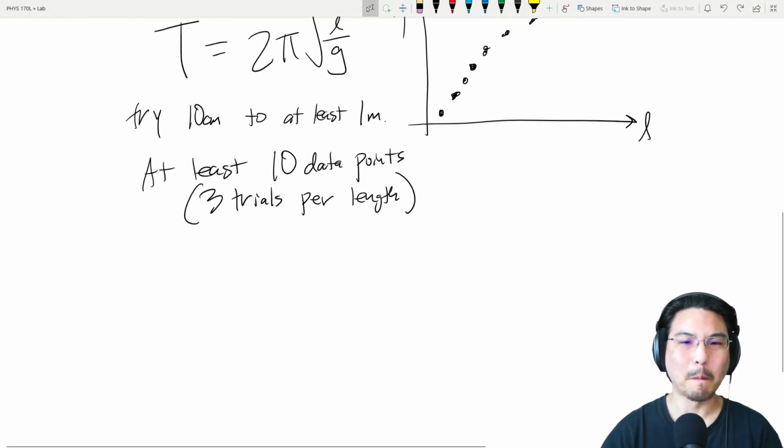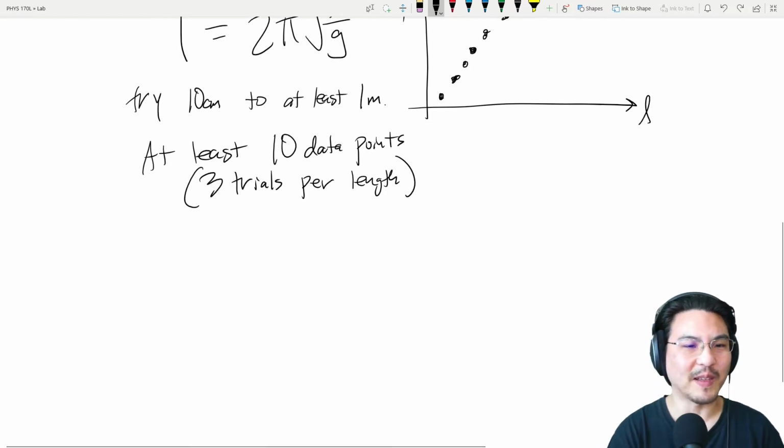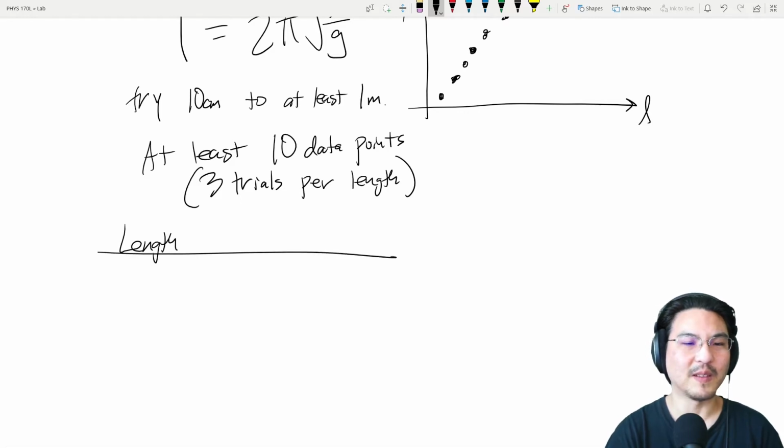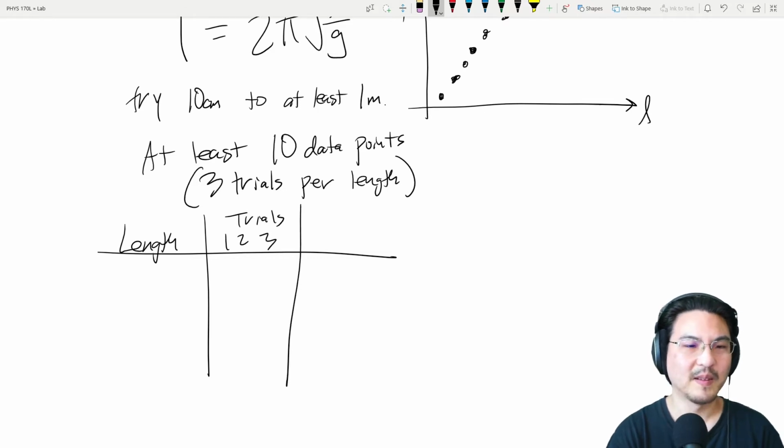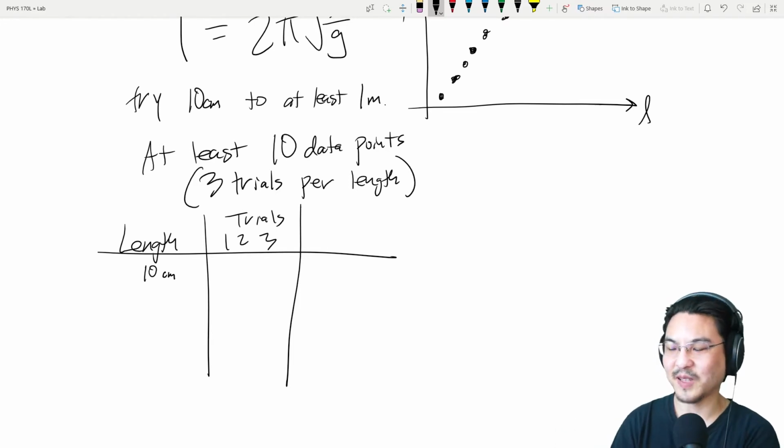So for example, let's say you have length, I'll make a table. And then you have your trials. So for example, if you start at 10 centimeters, and if you time it by hand, you let it swing 3 times, stop the stopwatch, divide by 3, and that's 1 trial.